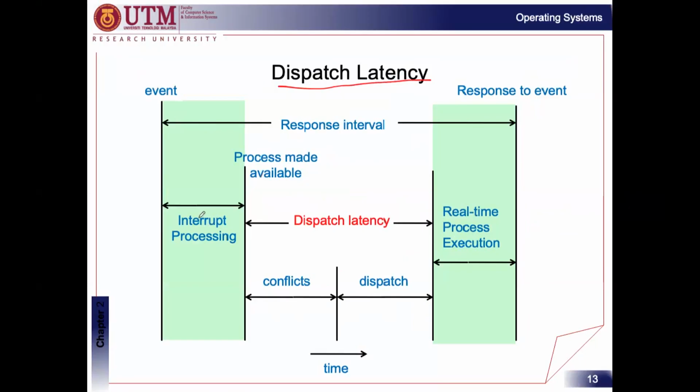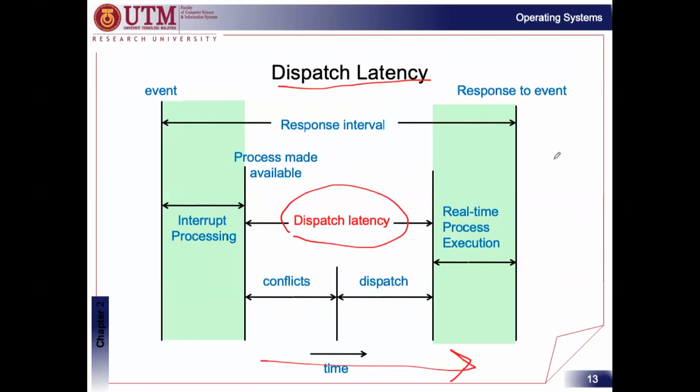Interrupt process, then dispatch latency in the middle, then the conflict and dispatch, and then the process runs. So this is a different way of explaining dispatch latency. You can try to digest this later.